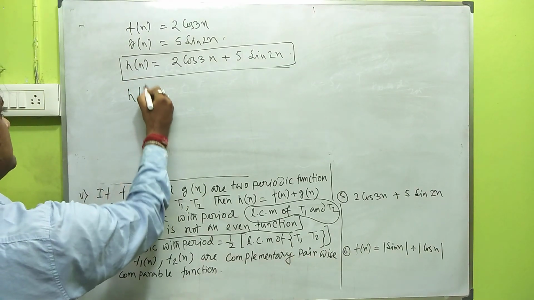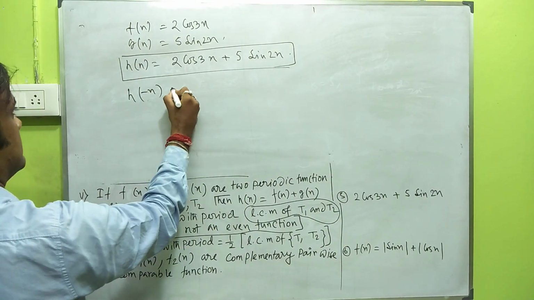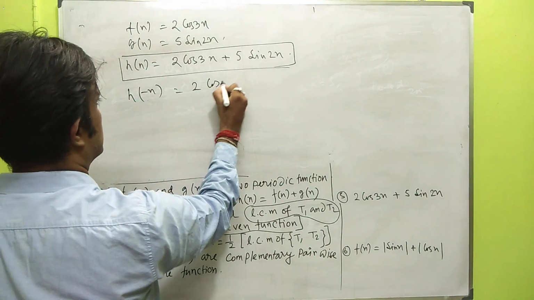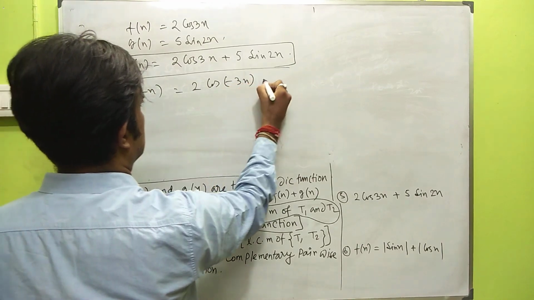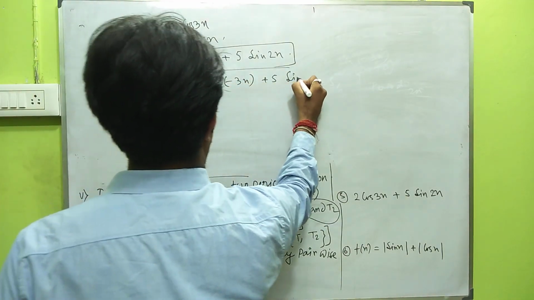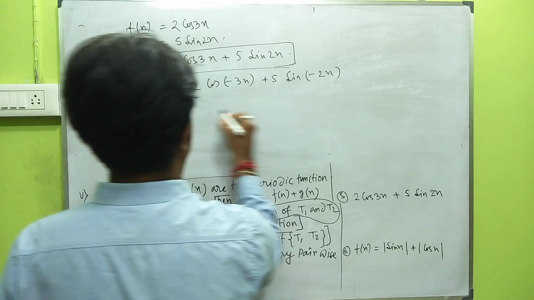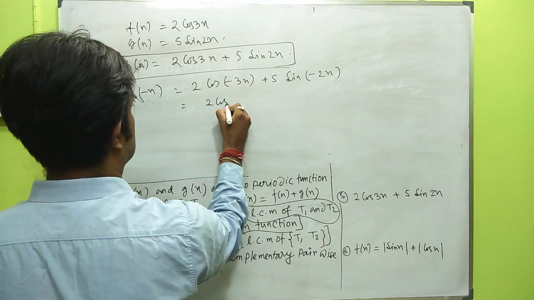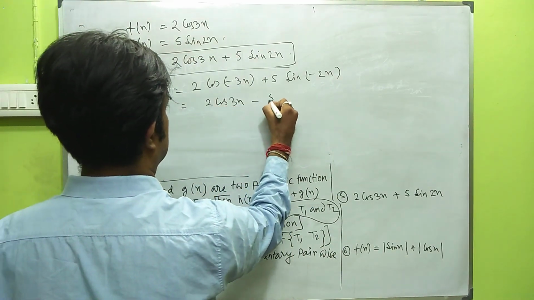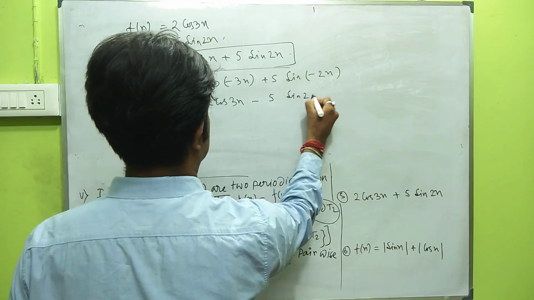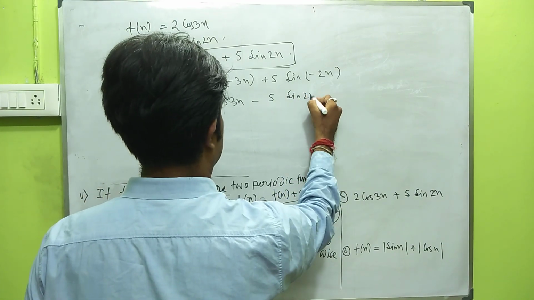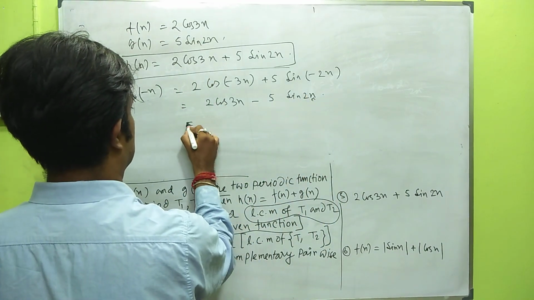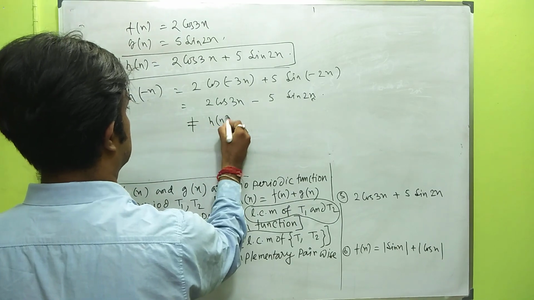If we replace x by minus x, then it will be 2 cos 3x minus 5 sin 2x, that is not equal to h(x).